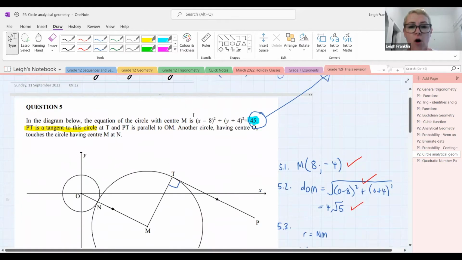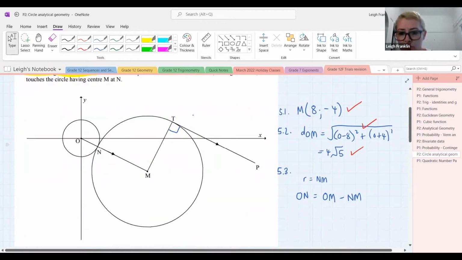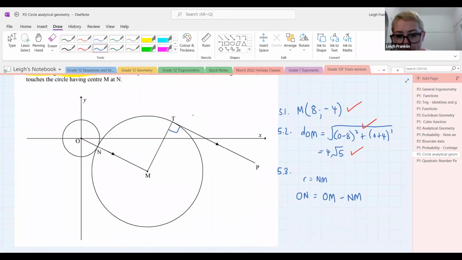So if r squared is equal to 45, then what is r, or NM, going to be equal to? NM is going to be equal to root 45, isn't it? So what we can do here is sub into OM. We know that OM is 4 root 5, and from that we need to subtract the square root of 45. Let's do that.